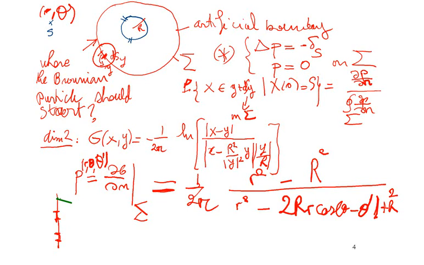So this will be the place where we would have to calculate the artificial position of the boundary.